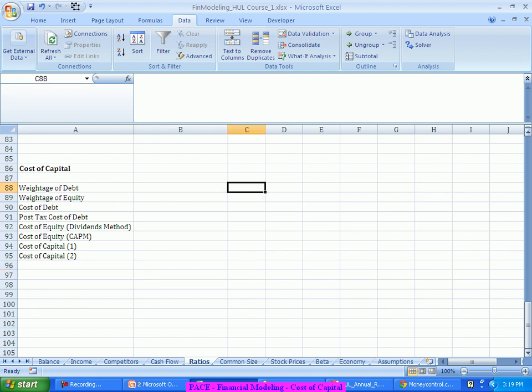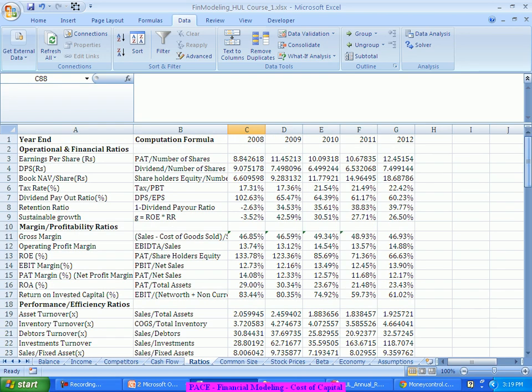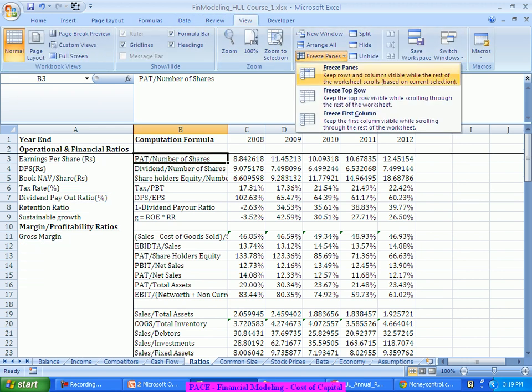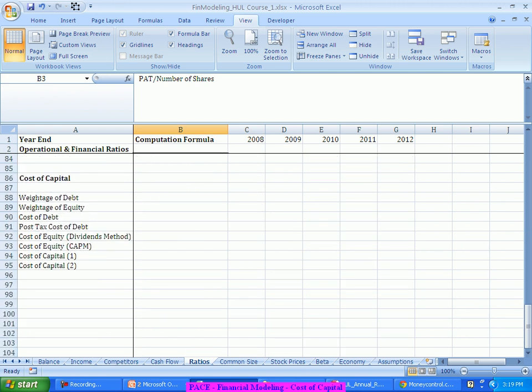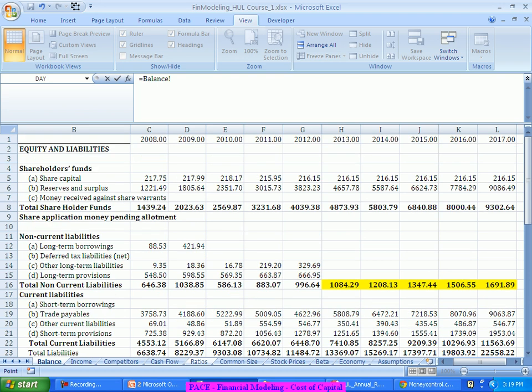Okay, weightage of debt. I get it as the total debt as a proportion of debt and equity. So I can go into the balance sheet. Debt means I'll take the total non-current liabilities as a proportion of debt plus equity.